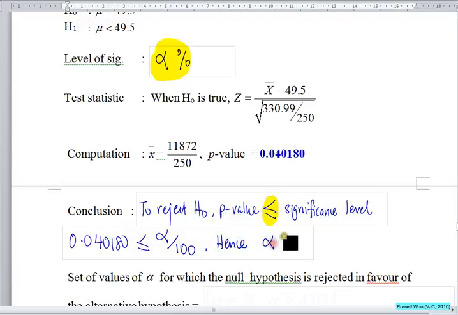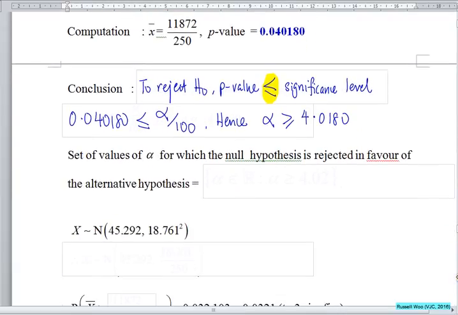Hence, alpha must be greater than or equal to 4.0180. Rounded to 3 significant figures, I get this.